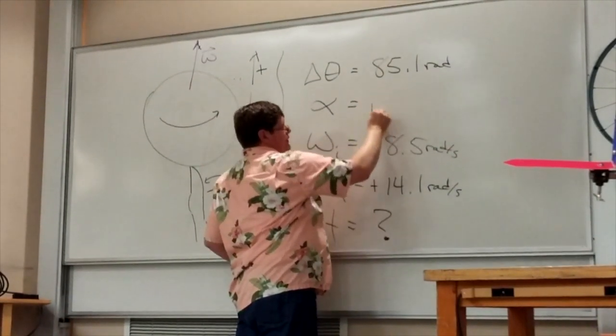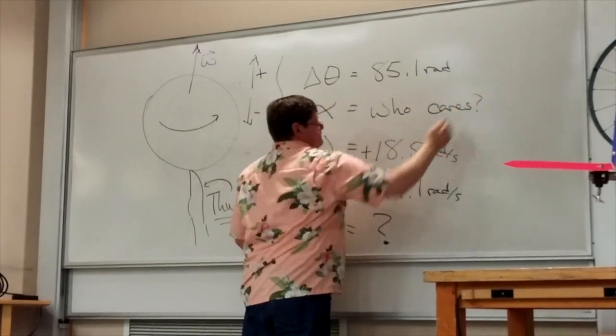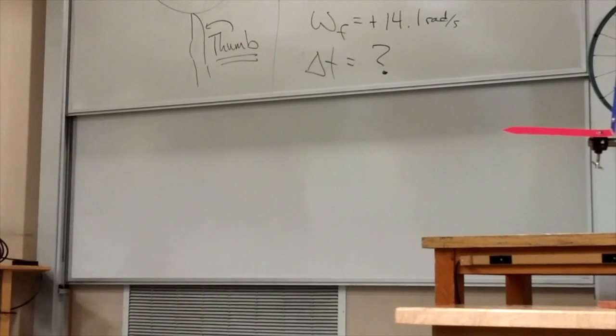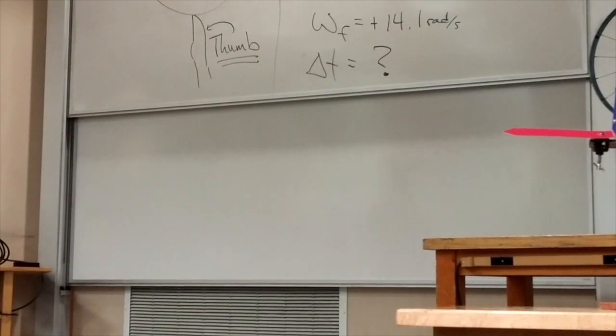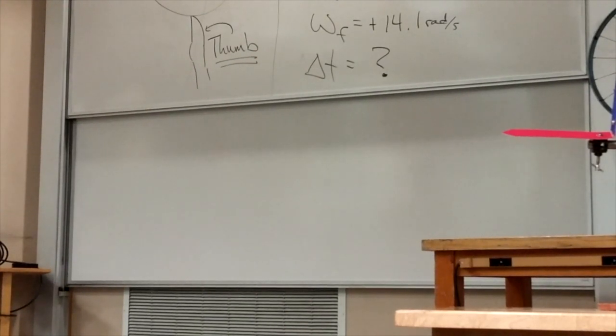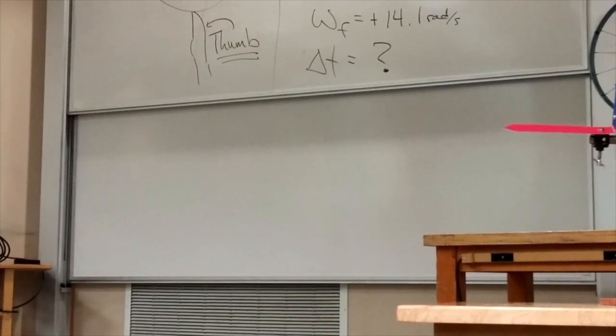That makes the alpha the who cares. That tells us which equation we should use. We should use the equation over there that doesn't have alpha in it. Now, before we stop caring about alpha, I just got to ask.